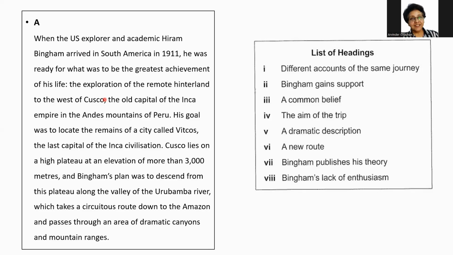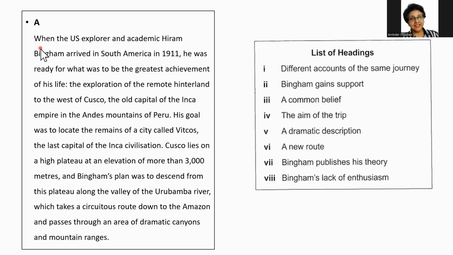But for your list of headings question, I would recommend going through the entire paragraph, because you cannot get the gist of the paragraph unless you have read the whole paragraph. However, do not spend too much time on reading the complete paragraph. Go through it really very quickly.